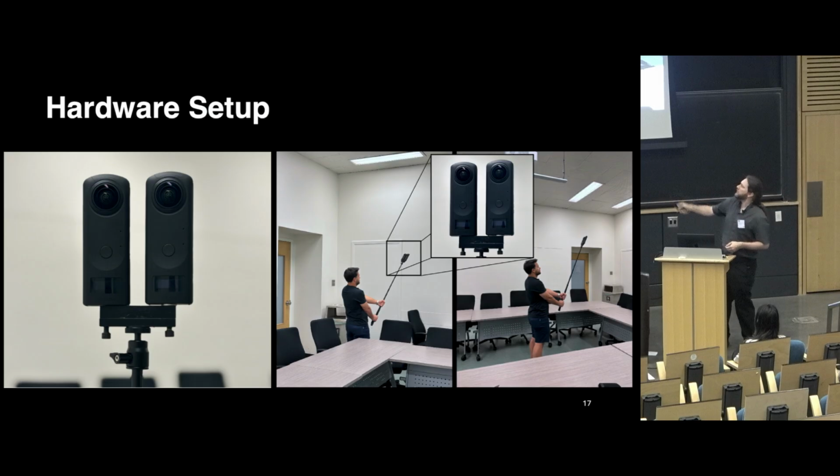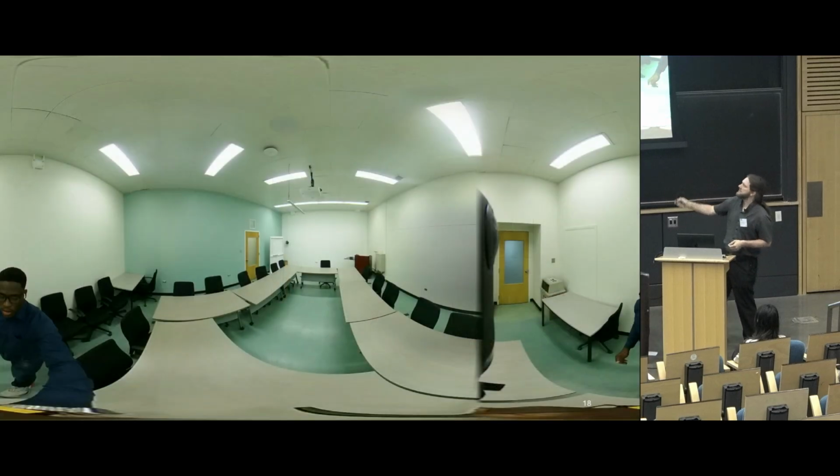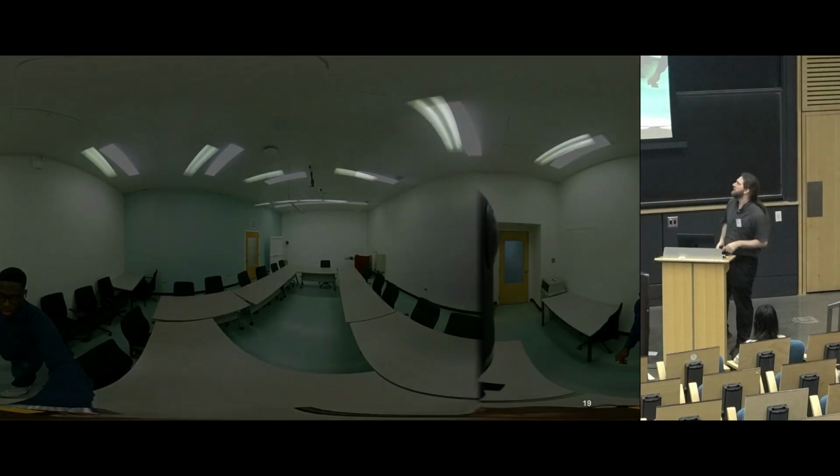Now, what are those two cameras doing? The first one is busy taking a very regular video. This is a standard video of the person walking in the room. But the second camera is exactly the same setup, but set to an exposure that is as fast as possible. So the image is going to become very, very dark, but you will realize that all the light sources are not saturated anymore.